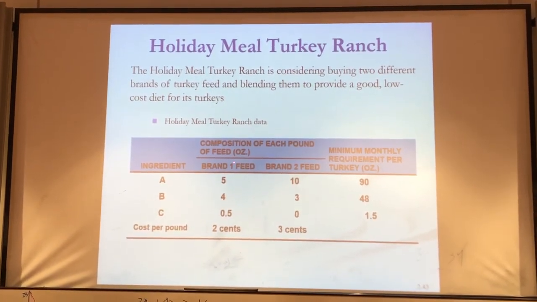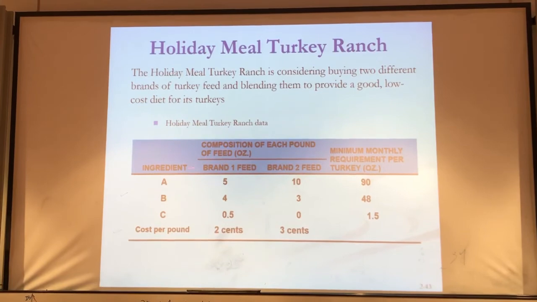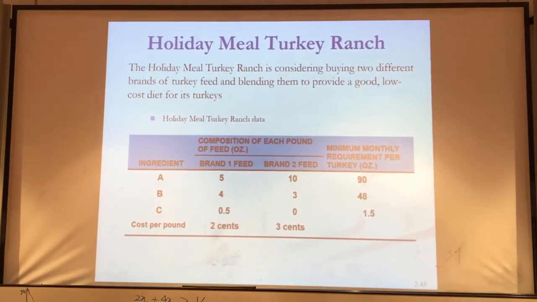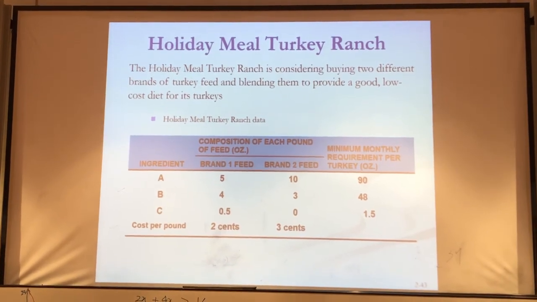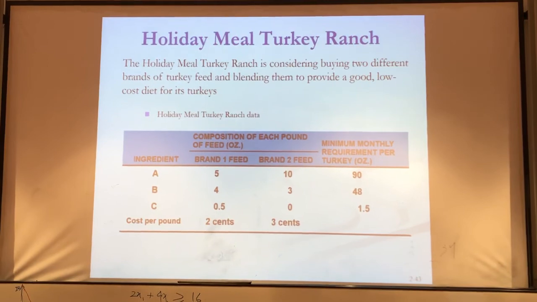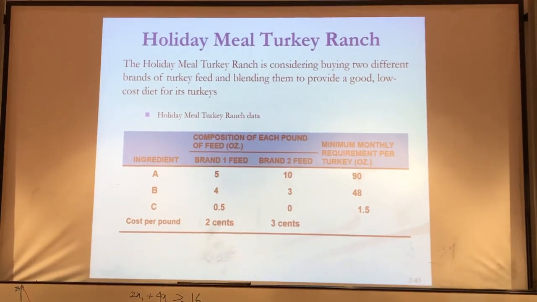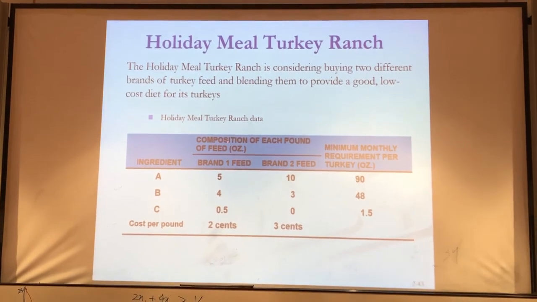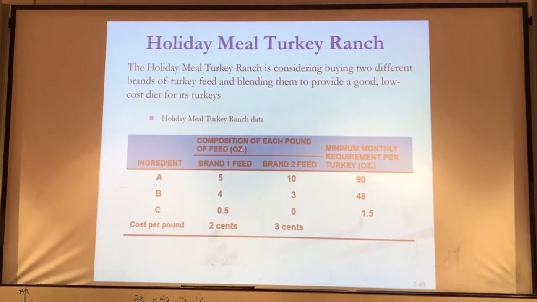It's a diet problem. We have 2 brands here, brand 1, in which these ingredients are there, and these ingredients should be present in these brands. This is the composition of each pound of feed in ounces.